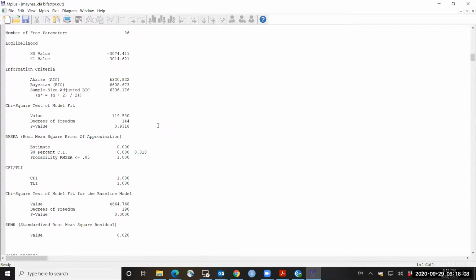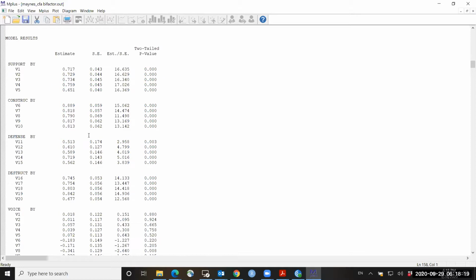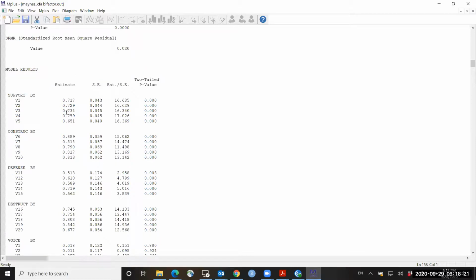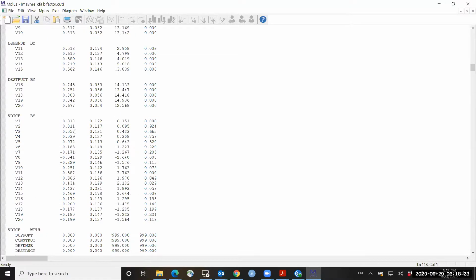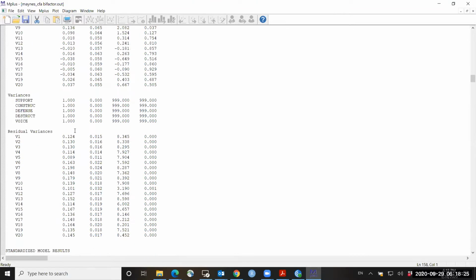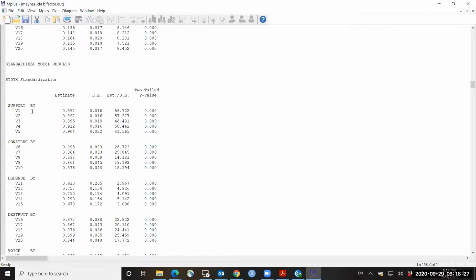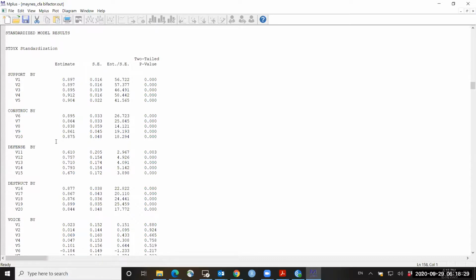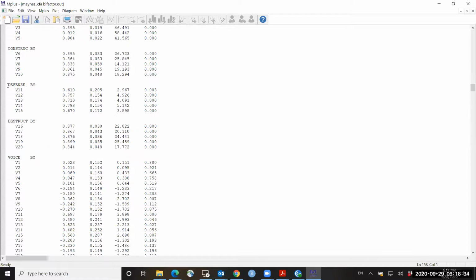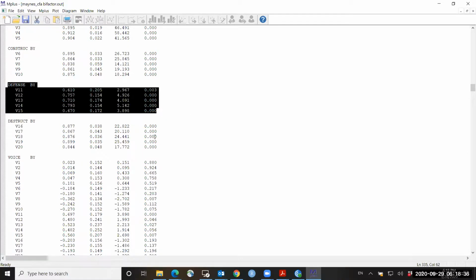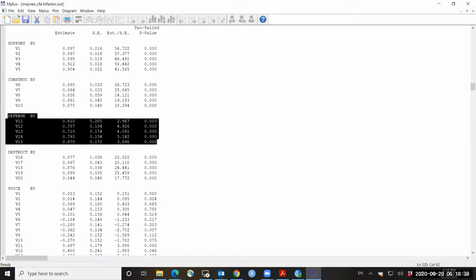And again, it fits extremely well. The chi-square is not significant, showing exact fit. Now, the factor loadings, let's look at standardized factor loadings. We have here very high standardized factor loadings, but they are affected somehow because look, now the defense factor loadings are not as high as they were before.